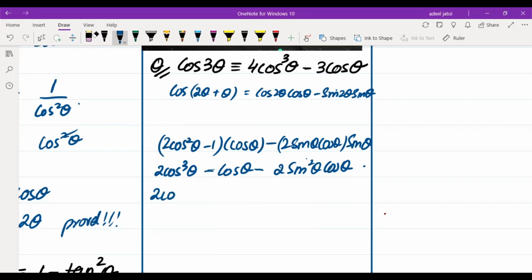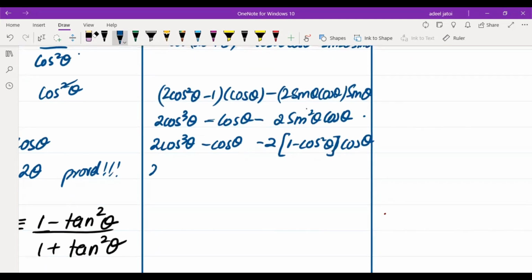Now we have 2 cos cube theta minus cos theta minus 2 sin square theta cos theta. So sin square theta will be 1 minus cos square theta, times cos theta.